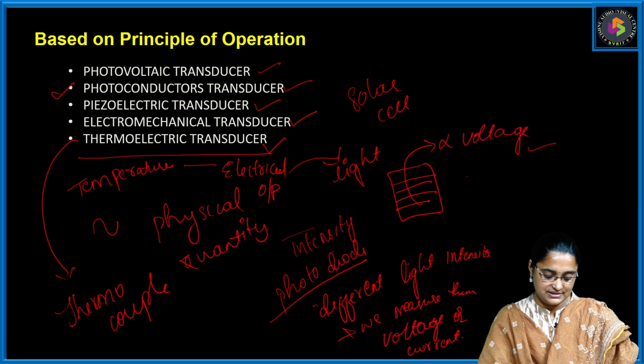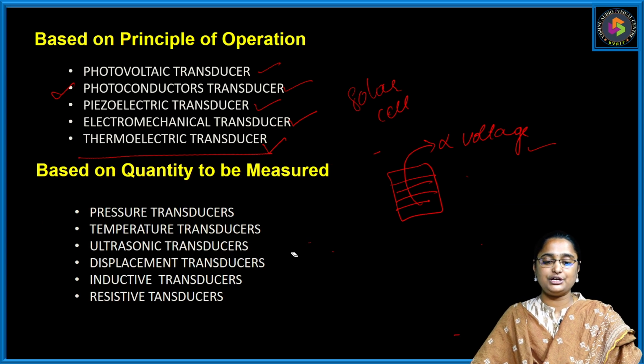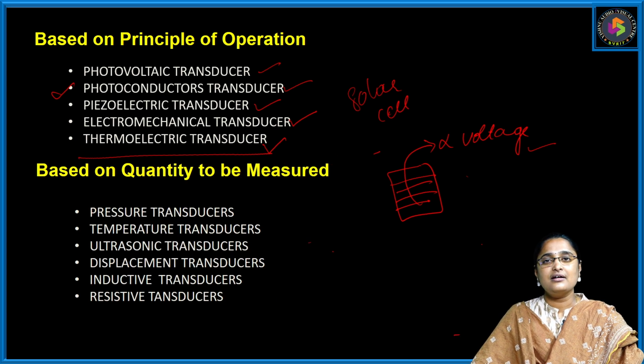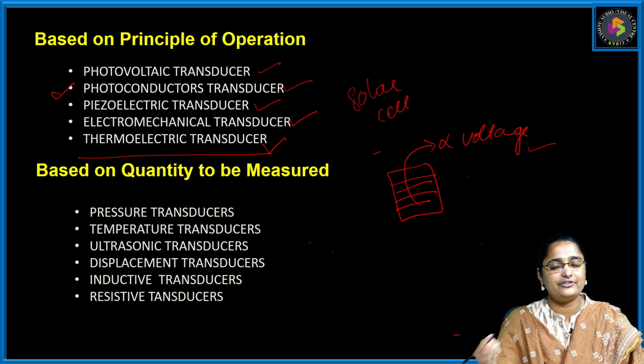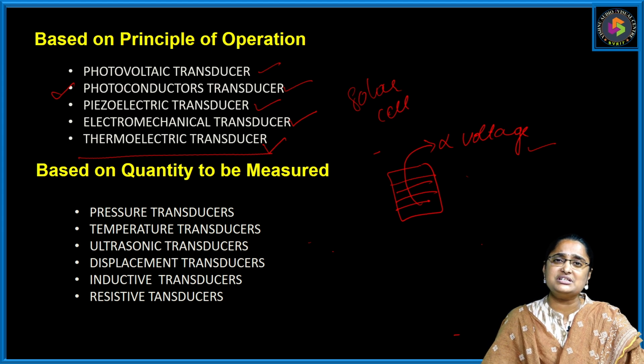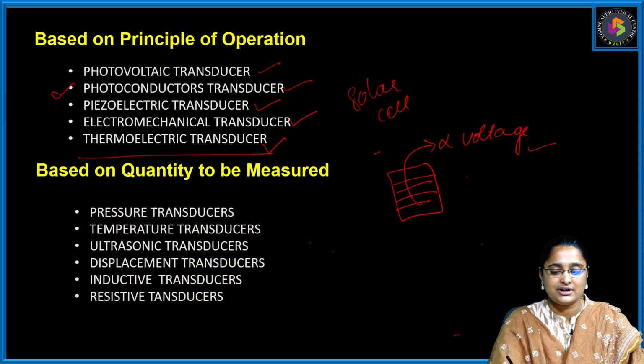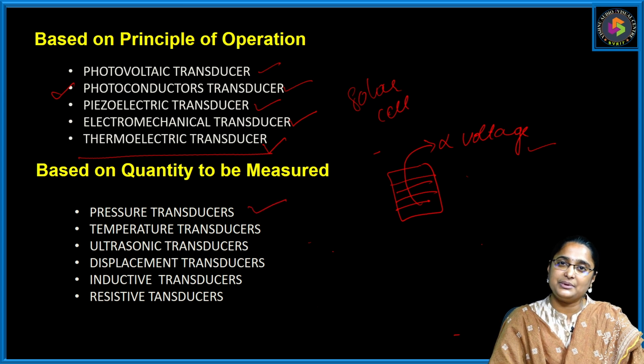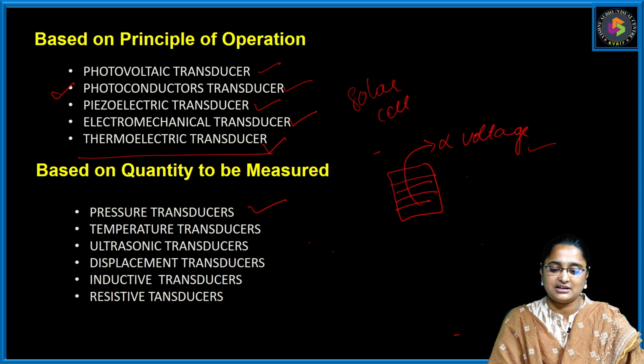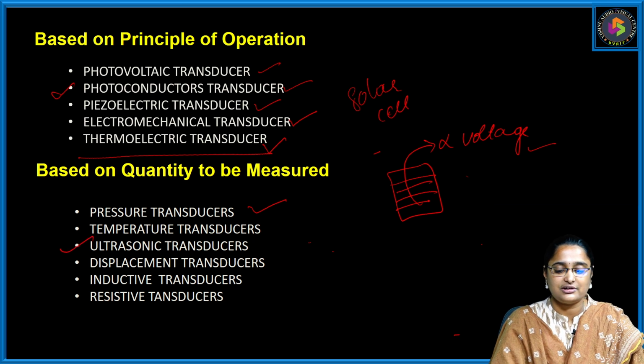Now, based on the quantity to be measured, there will be different transducers. If you want to measure pressure, you go for a pressure transducer. For temperature measurement, you go for a temperature transducer. If you want echo measurement, distance, or object detection, you go for ultrasonic transducers.